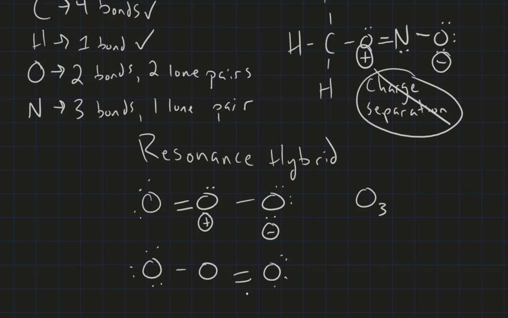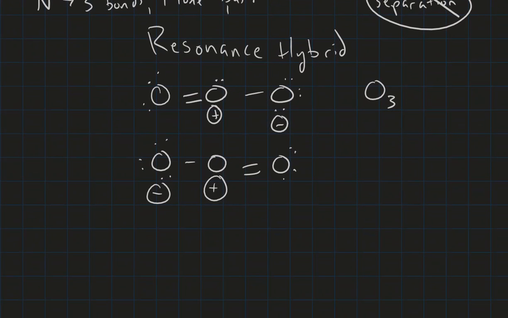So in reality, these are changing. We actually see the negative charge over here and the positive charge still on here. And both of these are the same, right? They don't have any better option. There's no option with no charge here. So what we see in nature is called a resonance hybrid. And that resonance hybrid is going to look a little bit like both of these.